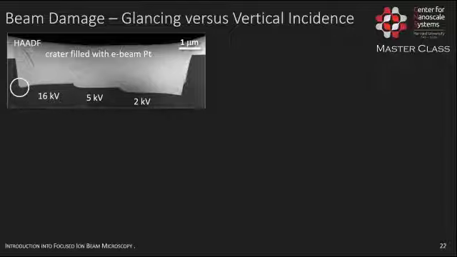So let's look now a little bit closer at that damage zone. You see here in the next slide the example of what happens when we are implanting or milling with a 5 kilovolt gallium beam. So we are now at much smaller dimensions.